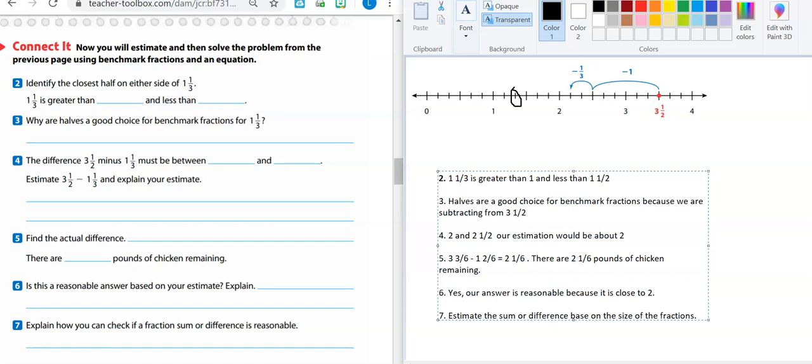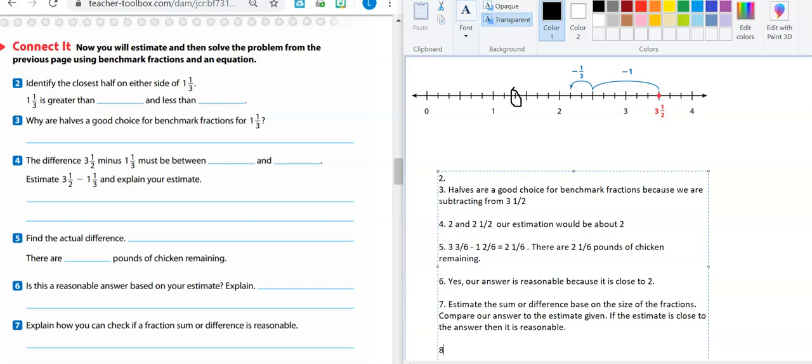Once we estimate the sum or difference based on the size of the fractions, we can then compare our answer to the estimate given. If the estimate that we gave is close to the answer, then it is reasonable. So again, in order for you to identify if your answer is reasonable, your estimate and your answer must be close.